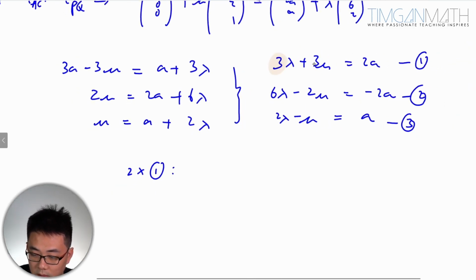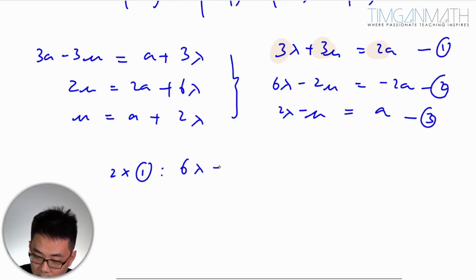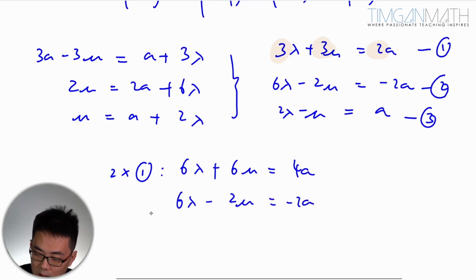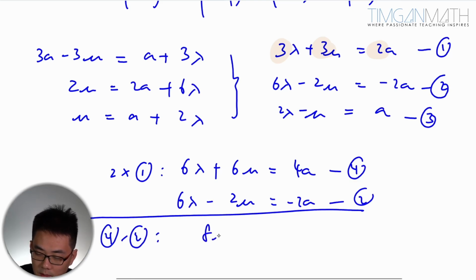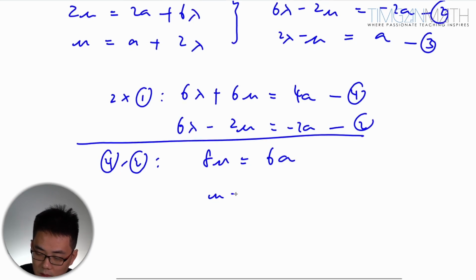Taking 3 multiplied by 2 will give us 6 lambda plus 6 mu equals 4a, and then you have 6 lambda minus 2 mu equals minus 2a. So subtracting, 6 lambda cancels, this will be 8 mu, and this will be 6a. So mu is equal to 3 over 4a.